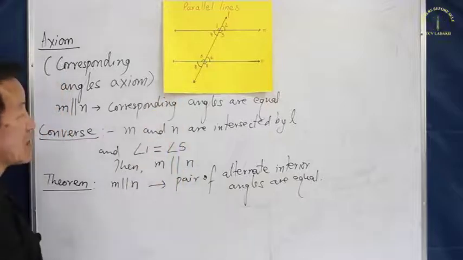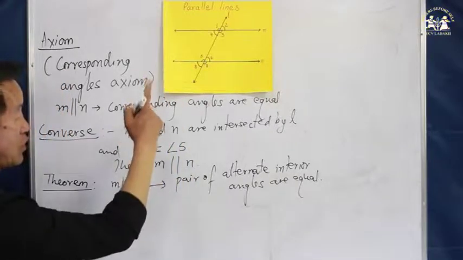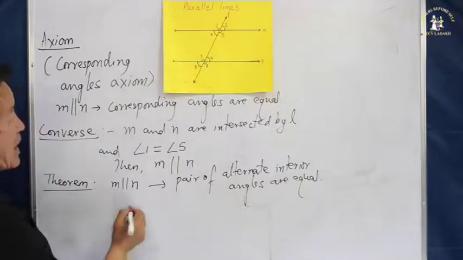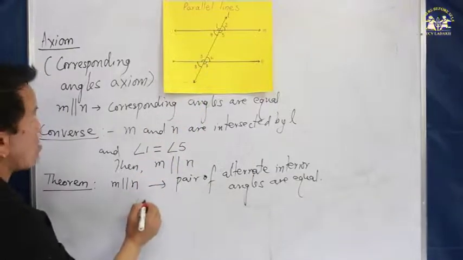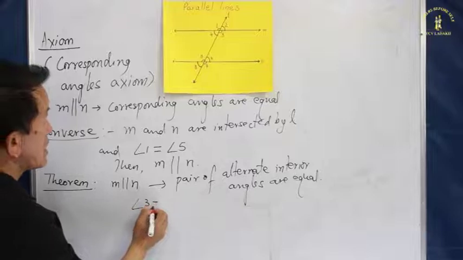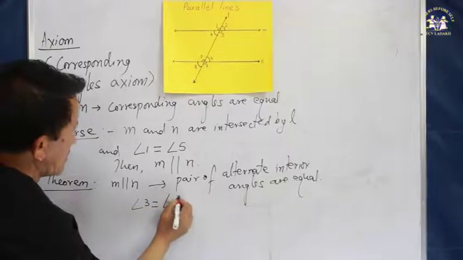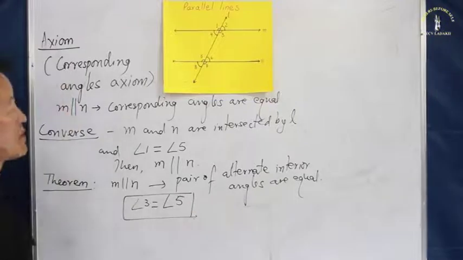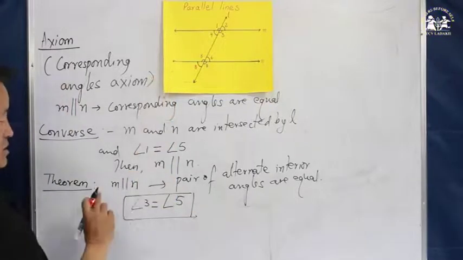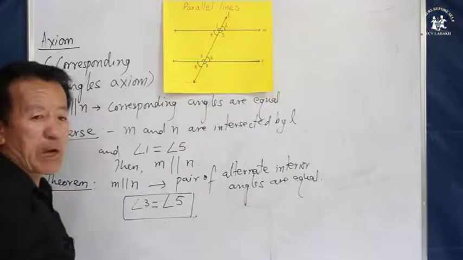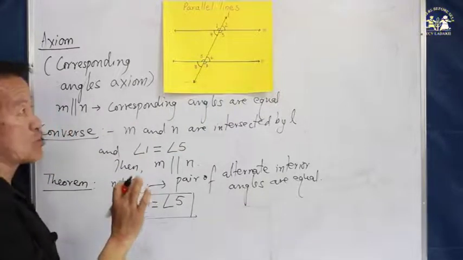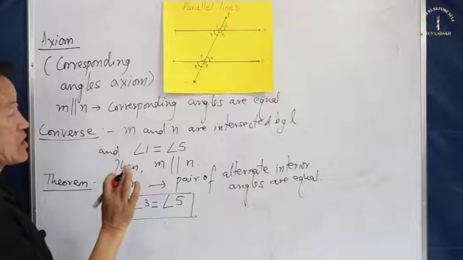Let's have a quick look at the proof, right? We have to show that angle 3 is equal to angle 5. Since the two given lines are parallel to each other, the pair of corresponding angles should be equal to each other.